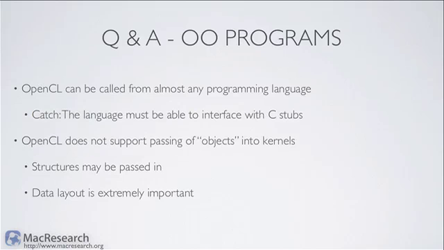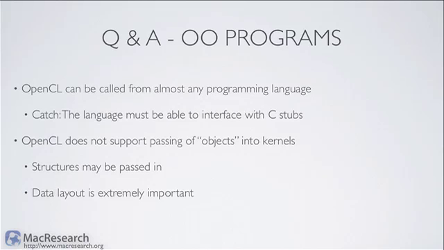The next question that was asked was in regard to object-oriented programming. OpenCL is derived solely from the C language, so the concept of object orientation does not exist in the language itself. What that means primarily is that you cannot pass complex objects into OpenCL kernels. You can certainly copy memory blocks in there, but they're not going to behave the way you'd want them to.